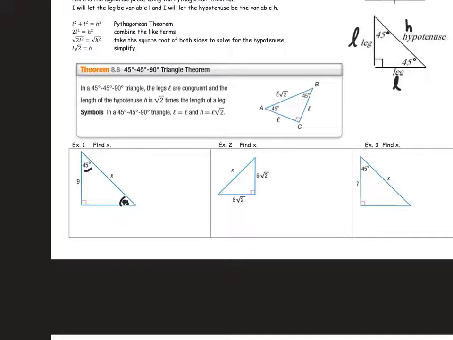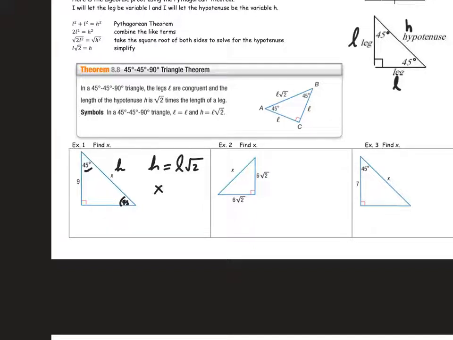The formula states that if I want to know what is the value of x, x is the hypotenuse. So the formula says that the hypotenuse is equal to the length of the leg times the square root of 2.